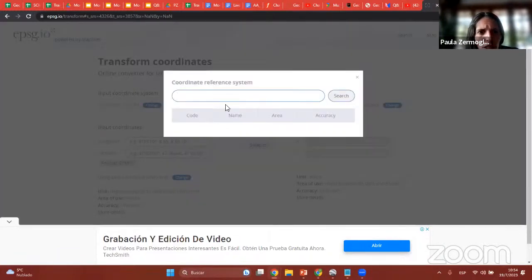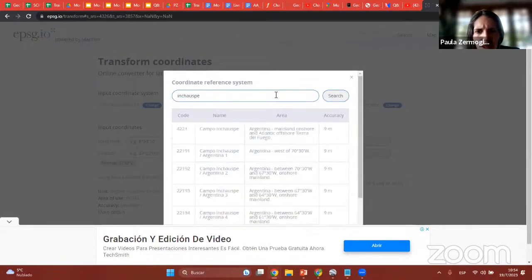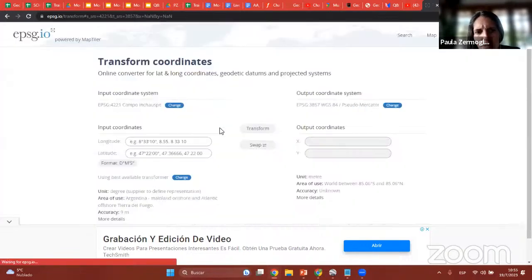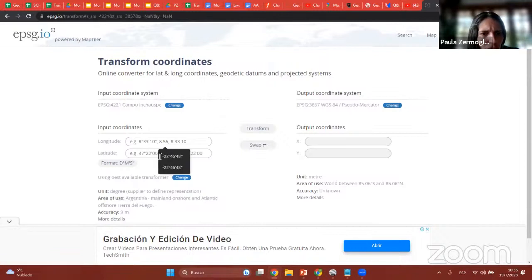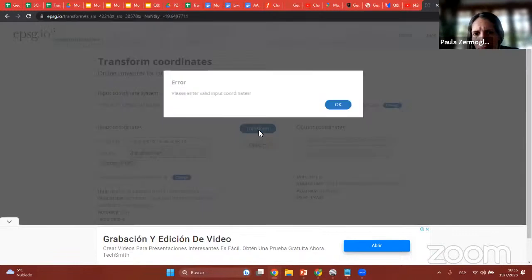So suppose that here we search for a datum that was much used here in Argentina. So this is one datum that we might have, and we may want it into WGS84 in Web Mercator. So we can put the coordinates here and transform them.